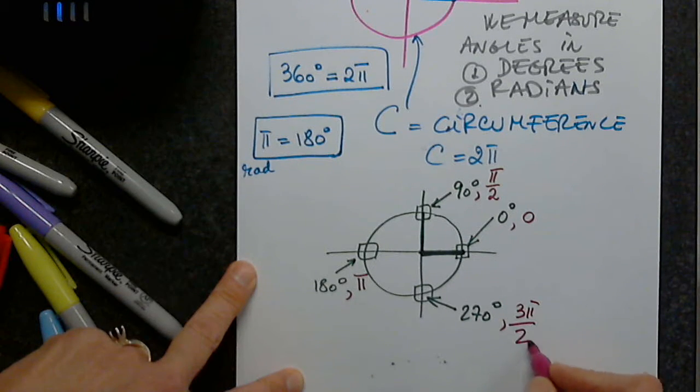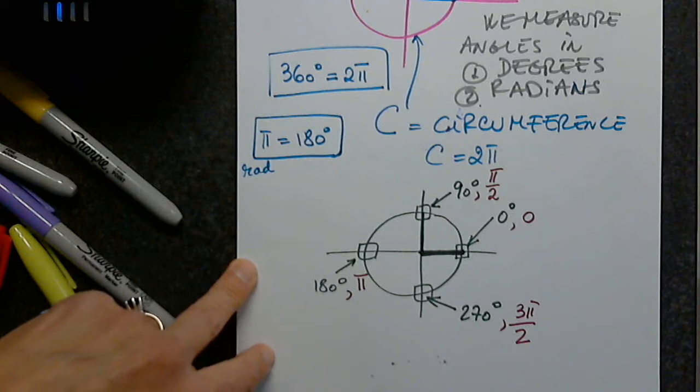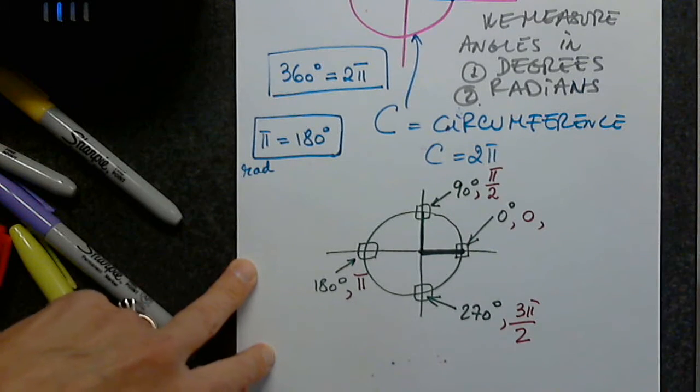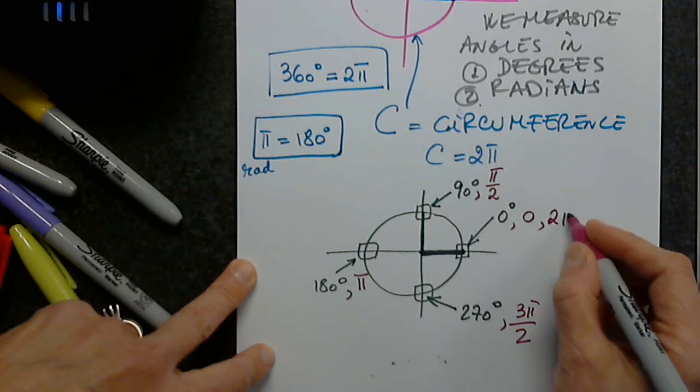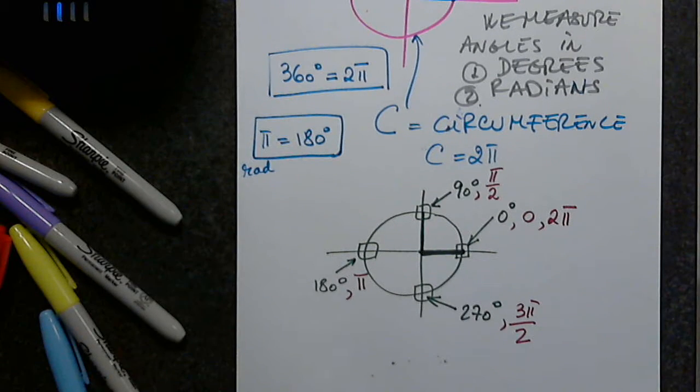That's it. I'm back to 0, and 0 is also the same with? 2 pi. That's it. So from now on, when we say pi over 2, we mean 90. When we say 180, we mean pi. When we say 3 pi over 2, we mean 270, and so on and so forth. Okay.